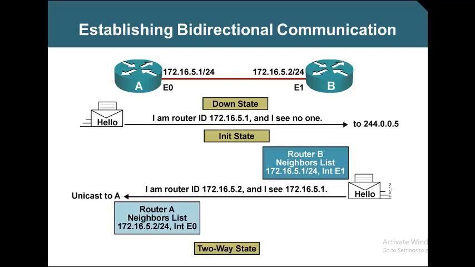Only in a serial wire is it considered point to point, with no DR-BDR. But in an Ethernet environment, whether you have a third router or not, even if you have just 2 routers, there will be one DR and one BDR.